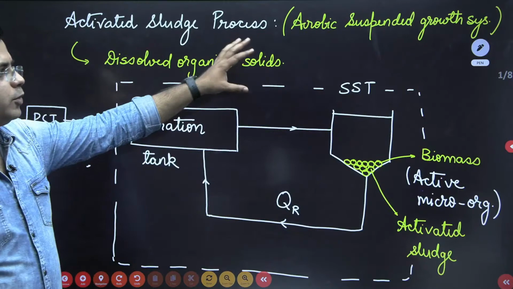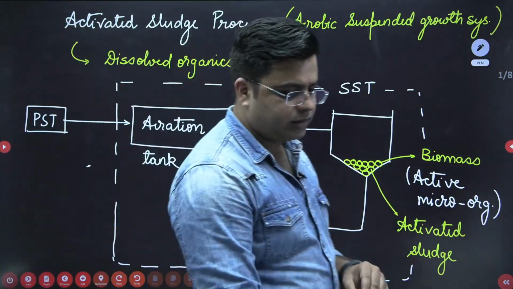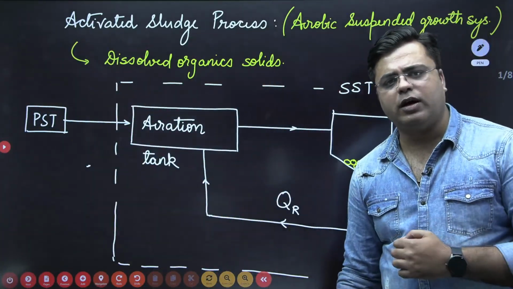So activated sludge process is your aerobic suspended growth system, right? This kind of question can be framed for a multiple select question.